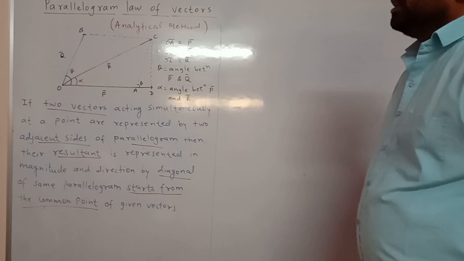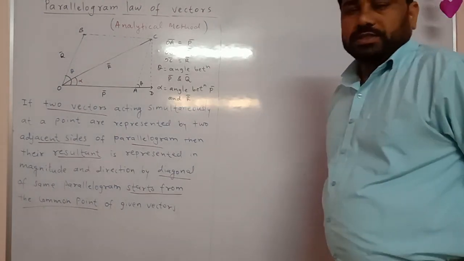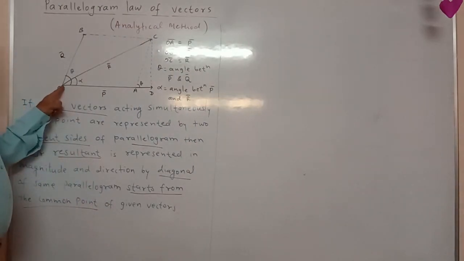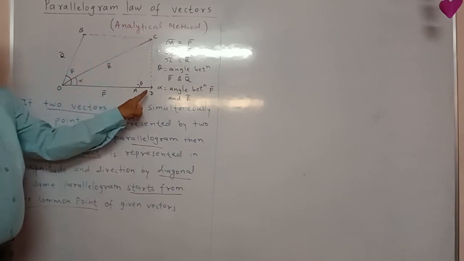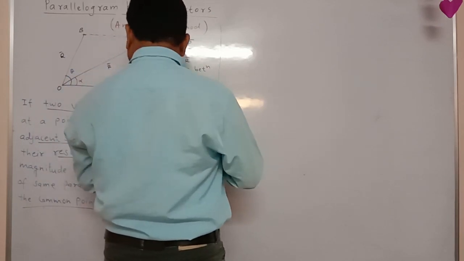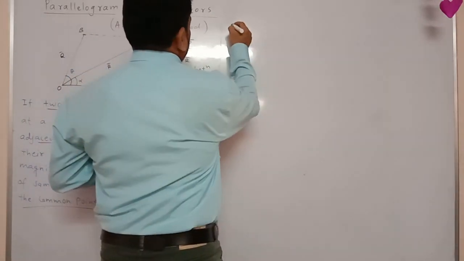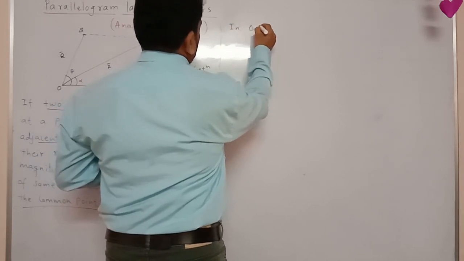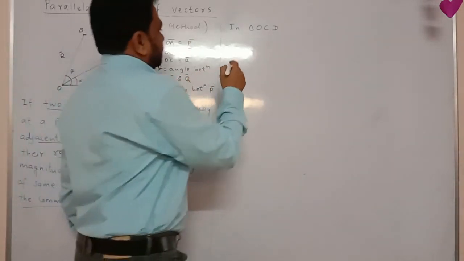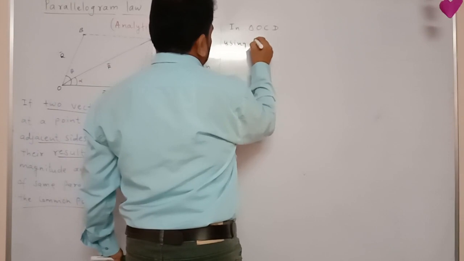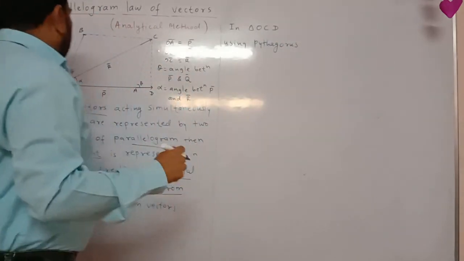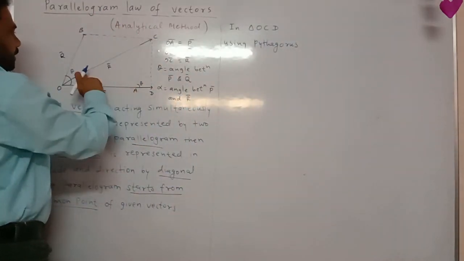To calculate the resultant, we must know the Pythagoras theorem. See here, concentrate on this triangle OCD. In triangle OCD, using Pythagoras, the hypotenuse is OC.